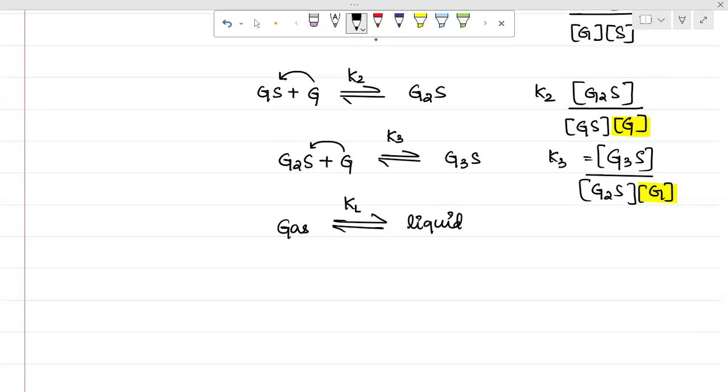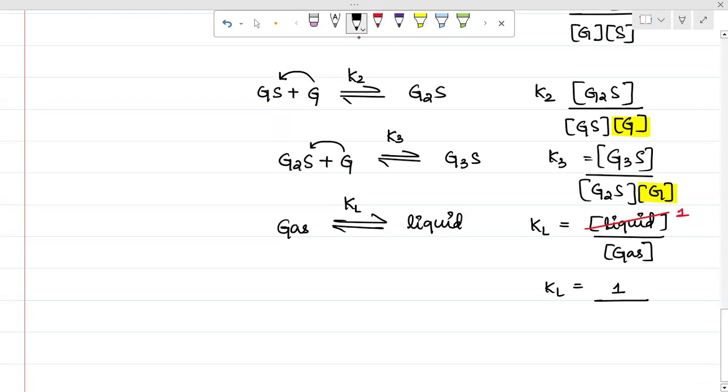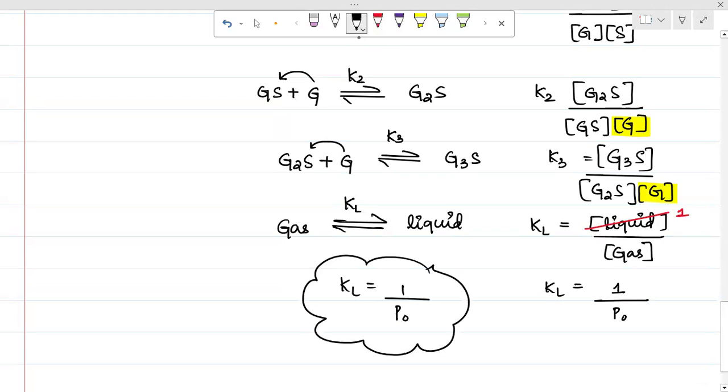Correspondingly, that equilibrium constant is KL, and KL is equal to the concentration of the liquid divided by the concentration of the gas. From the basics of equilibrium, the concentration of liquid is always taken as unity. So KL is equal to 1 by the pressure of the gas when it turns into a liquid, which is the saturation pressure. So KL is the inverse of the saturation pressure.